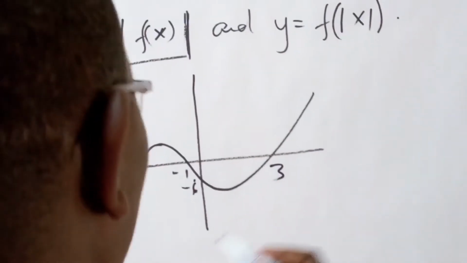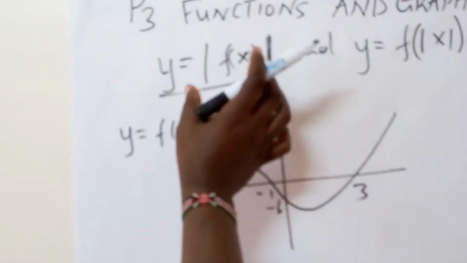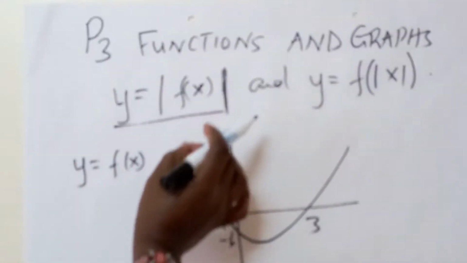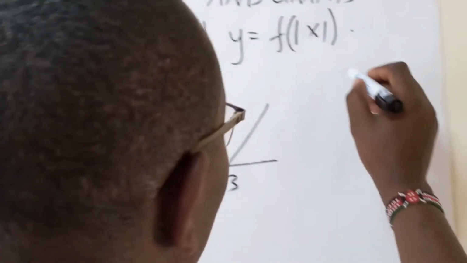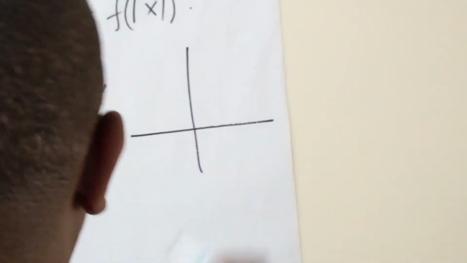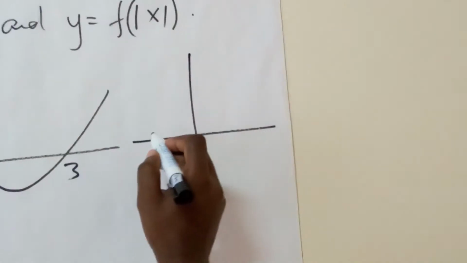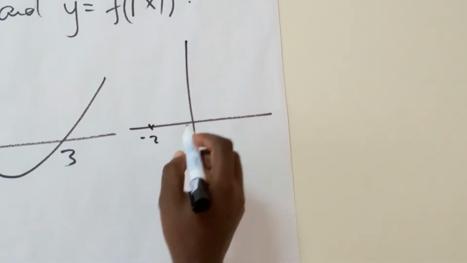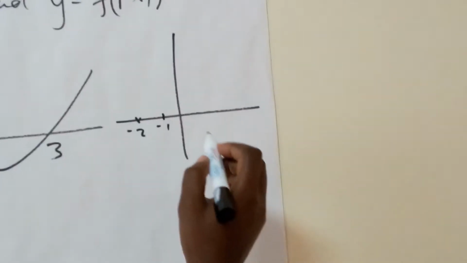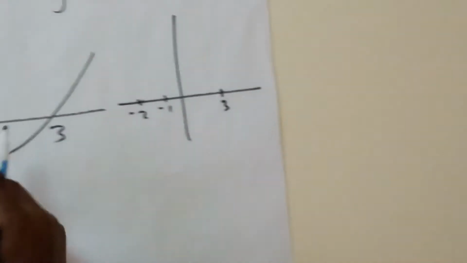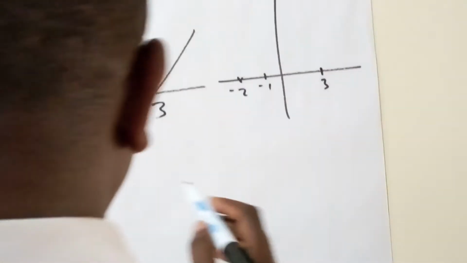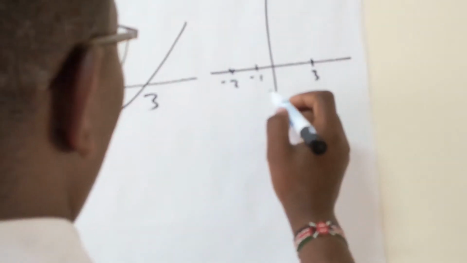If this graph is the graph of the function y equals f of x, then for the modulus we should have the same kind of axis here, with -2, -1, and 3, and of course the 6, which is -6.